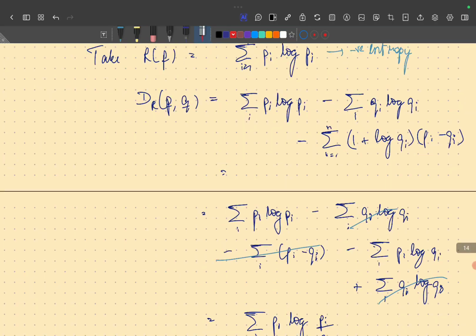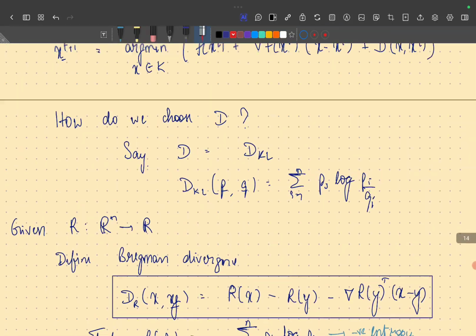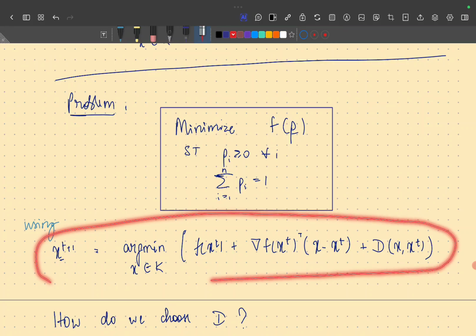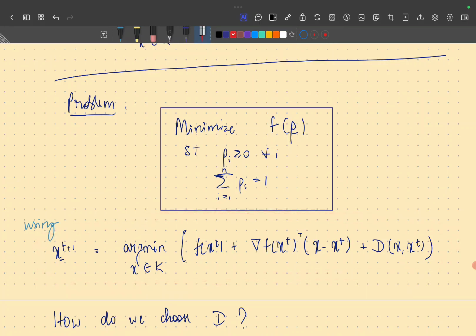The take-home point is that we have this class of algorithms where at each step x_{t+1} is the argmin over all x within the constraint set of f(x_t) plus the gradient of f(x_t) transpose times (x minus x_t), plus some regularization term which is a divergence.